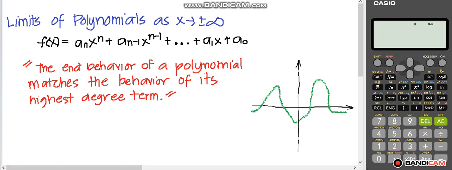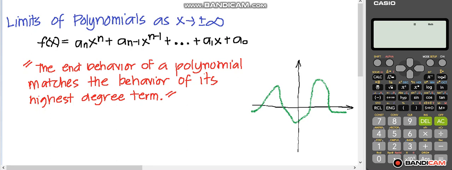Okay, so yung n dyan, class, yan yung pinakamalaking exponent ng variable x natin. Kung nasaan yung pinakamalaking exponent for the variable x, yun ang tinatawag natin na leading term for the polynomial.